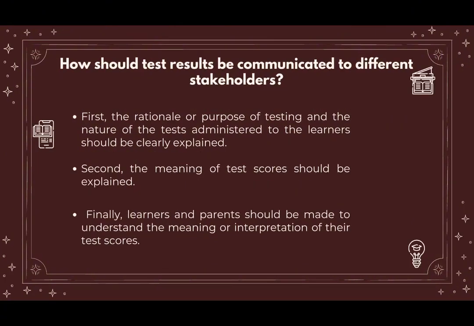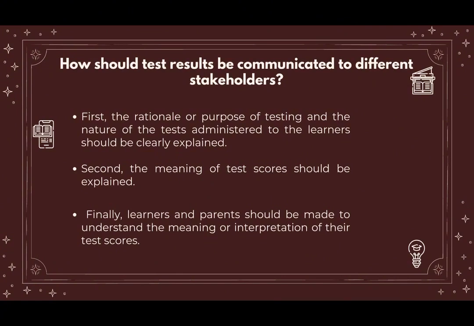First thing is it is important to explain why tests are given and what they are meant to assess. This is crucial for big exams that affect promotions or placements, wherein students and parents should understand that tests are only one way to measure how students are doing and not the sole basis for assessment.